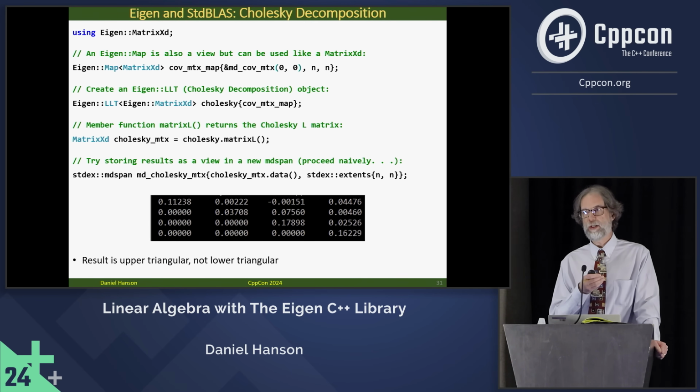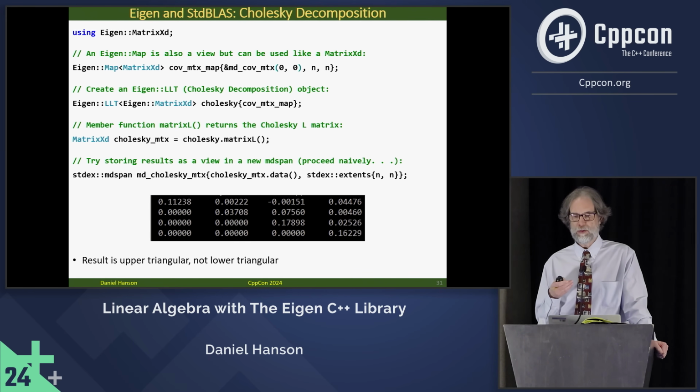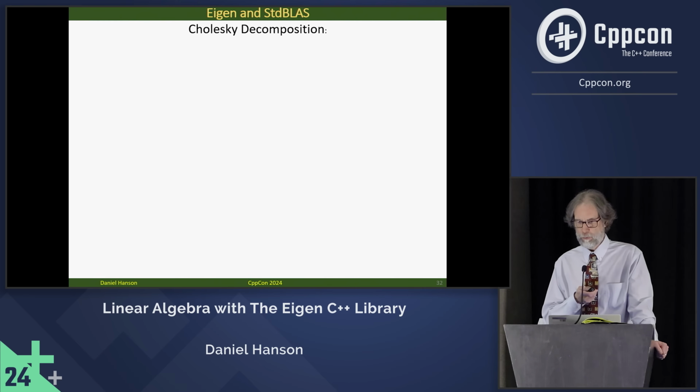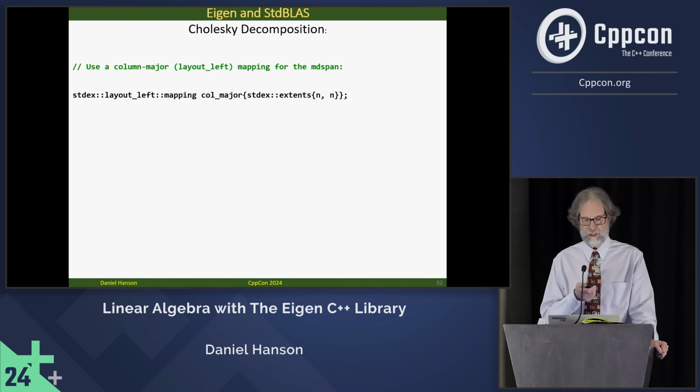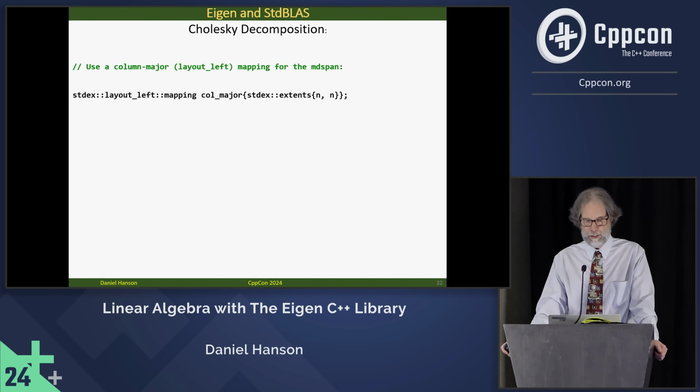The reason for this is that the mdspan default is row major order. And remember, at the outset, an Eigen matrix stores its data in column major order. So what you need to do is create a mapping for an mdspan, in particular what's called a layout left, and this will give you column major order. So you give it the extents again in the constructor argument.